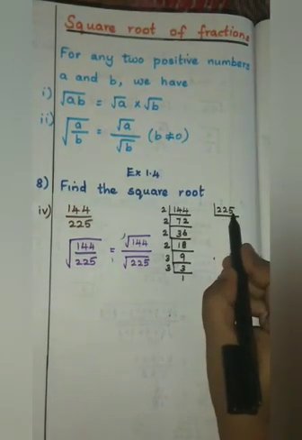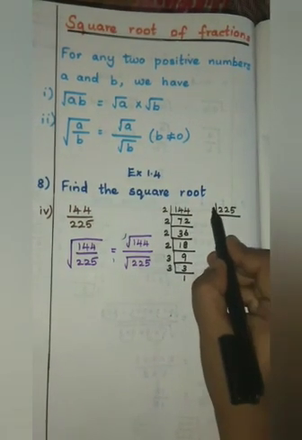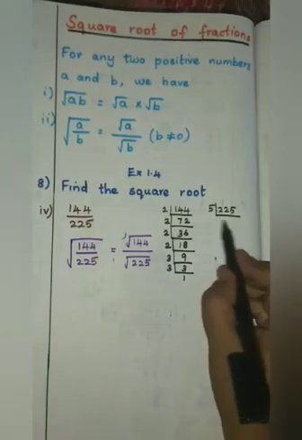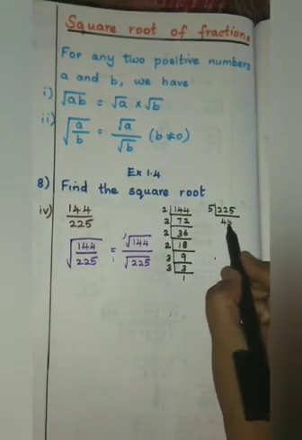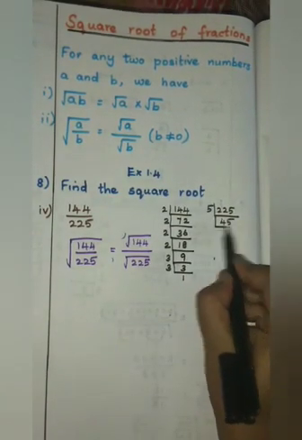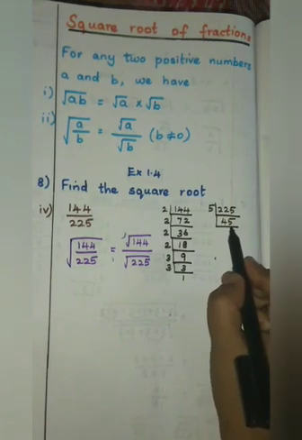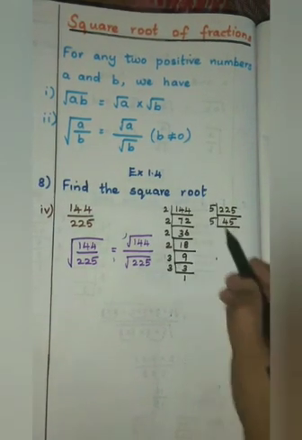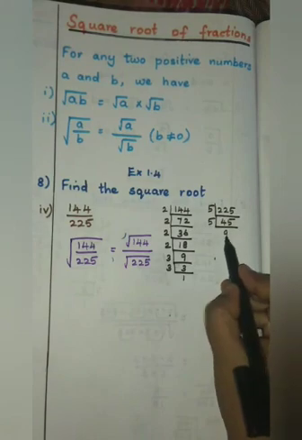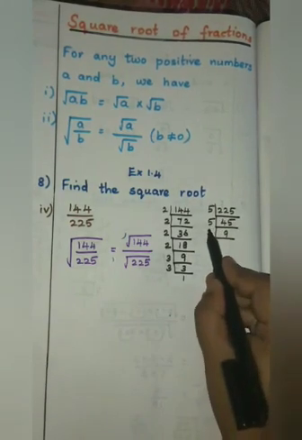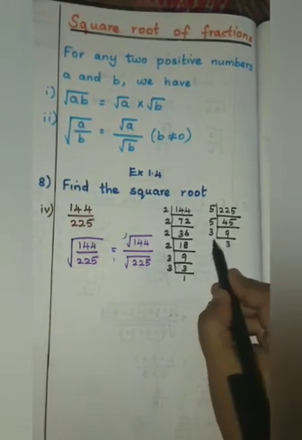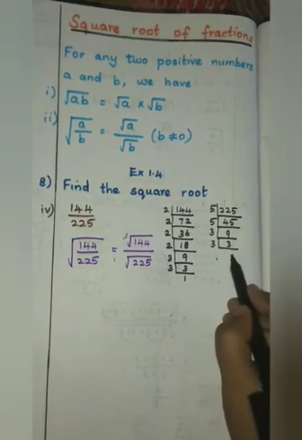Since this number ends with 5, we know that it is divisible by 5. And 5 goes 45 times in 225. Again the number ends with 5, so it is divisible by 5. 5 goes 9 times, and 9 is divisible by 3, and then 1.